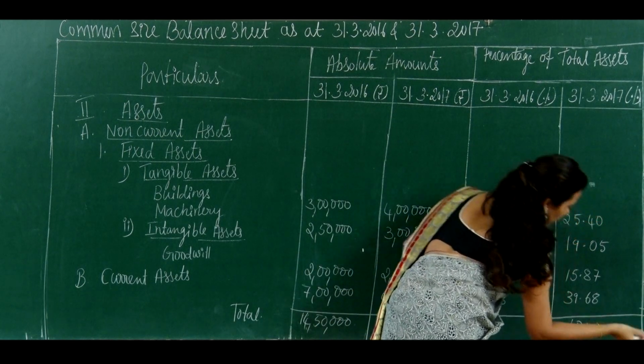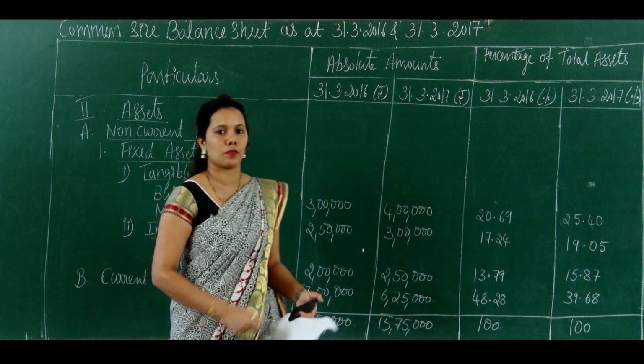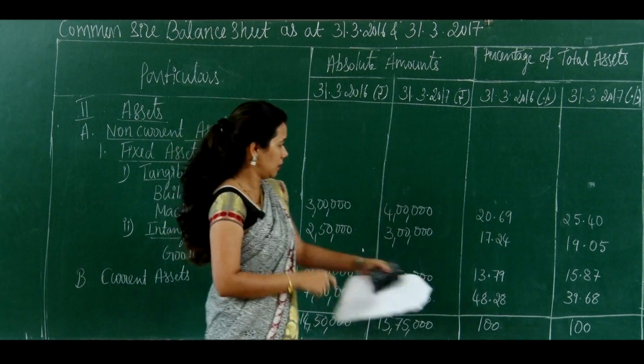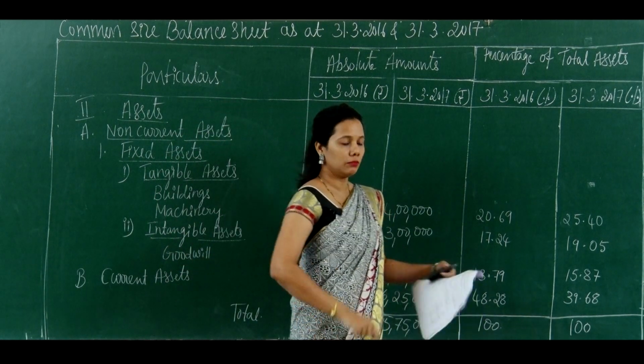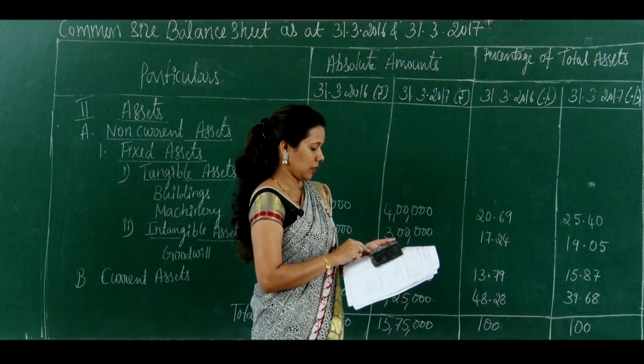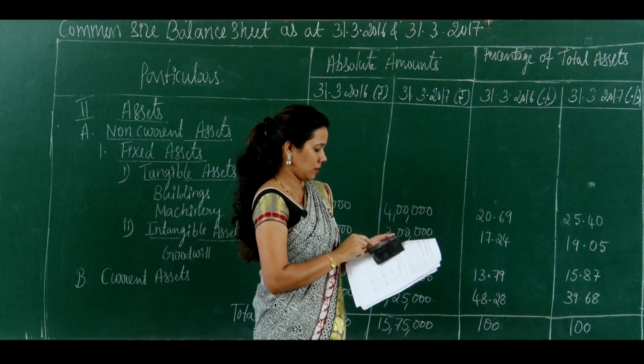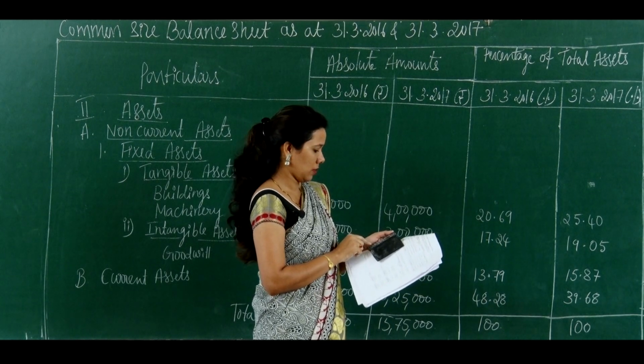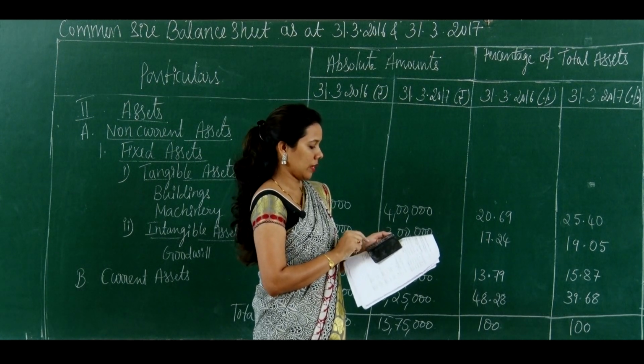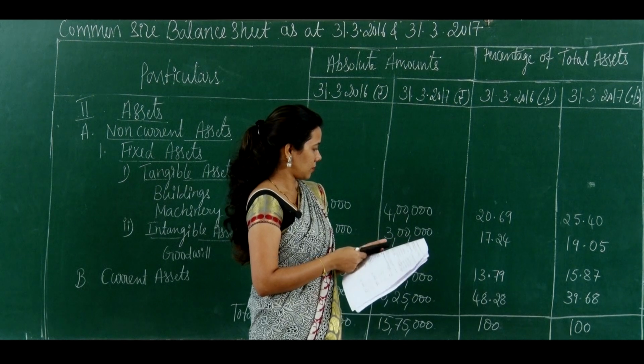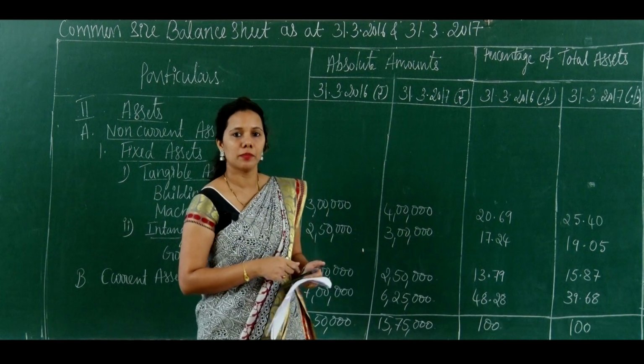Base is always treated as 100%. So, you can also check the total percentage column: 25.40 plus 19.05 plus 15.87 plus 39.68. So, it is 100%.